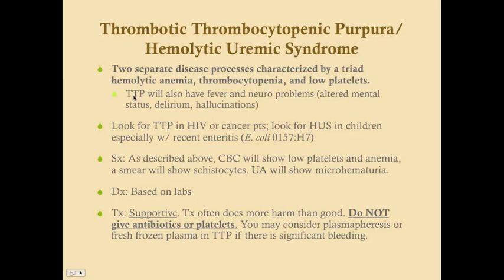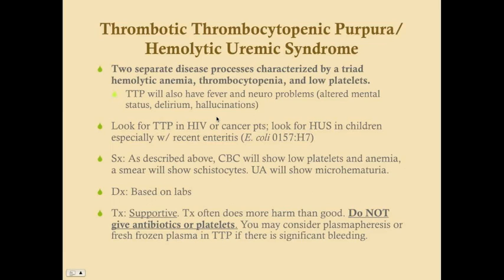Patients with TTP are also going to have fever and neuro problems, so they'll actually have a pentad. They'll have hemolytic anemia, uremia, low platelets, a fever, and certain neurologic problems, which tend to be altered mental status, delirium, or hallucinations. So you're going to want to look for TTP, particularly in patients with HIV or with cancer.